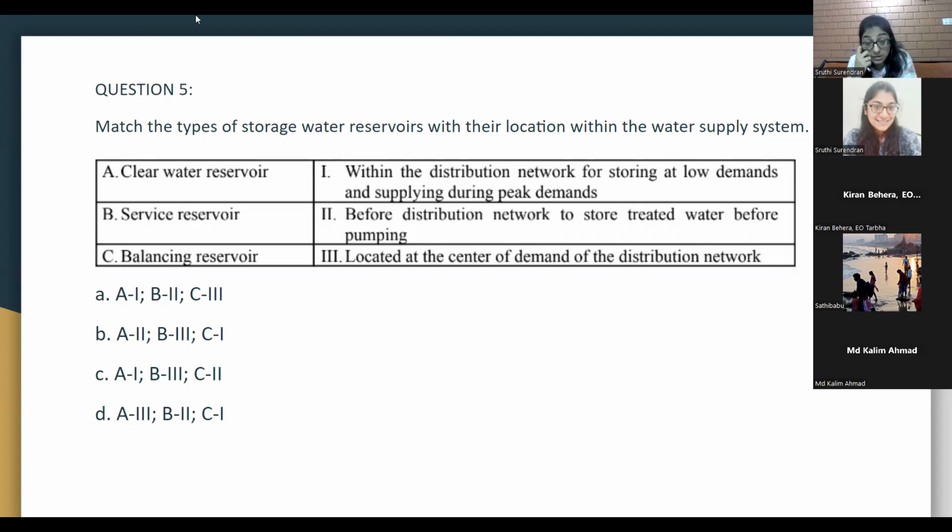Okay, maybe this one would have been clearer if you go through the lectures, where there's a clear description of what kind of reservoirs are provided at what stage of the supply system.